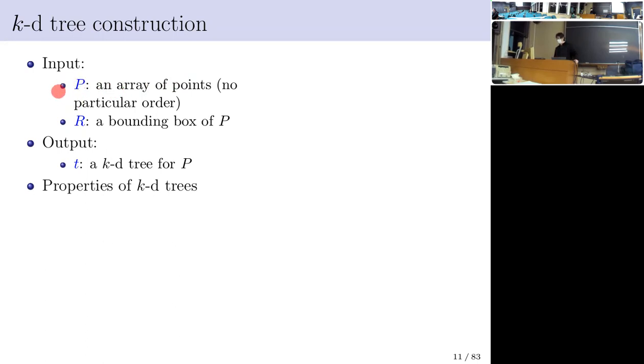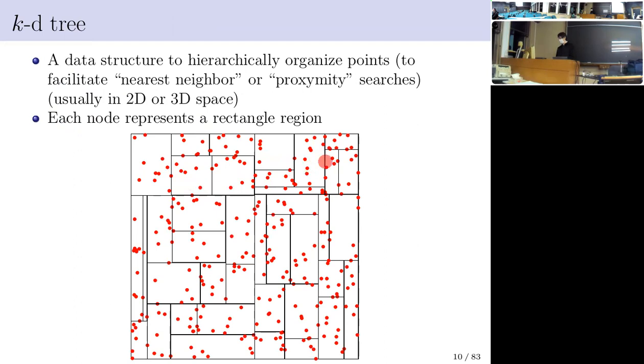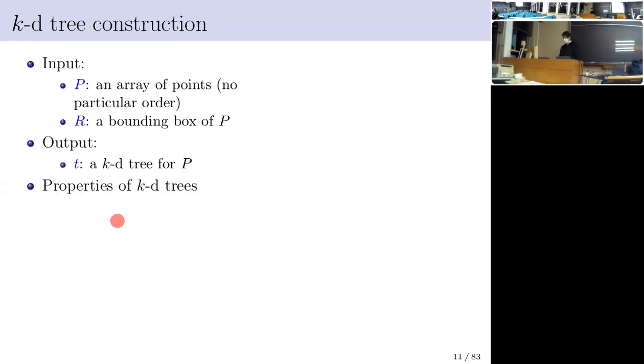And you are also given another input, which is the bounding box of P. Going back to the previous slide, you are given all these red points as P, and the entire bounding box like this as R. You are given these 2, and you're supposed to build the tree that was illustrated in the last slide. So it is a KD tree for P.